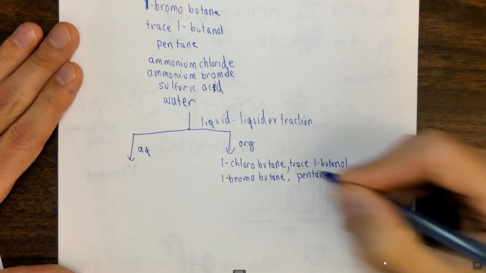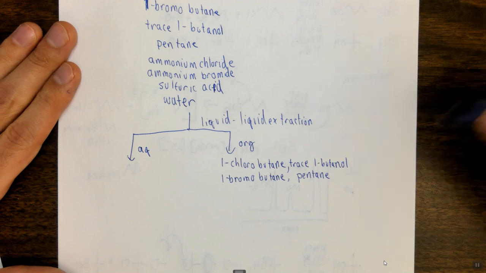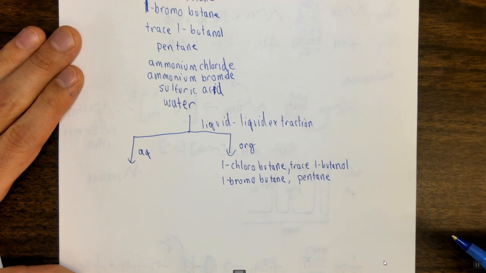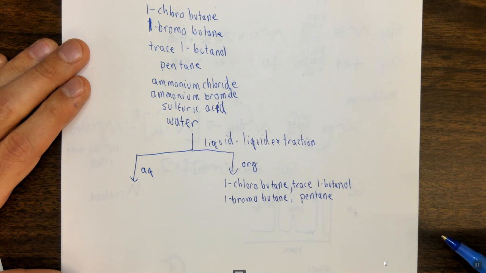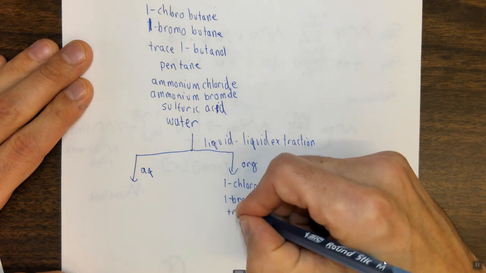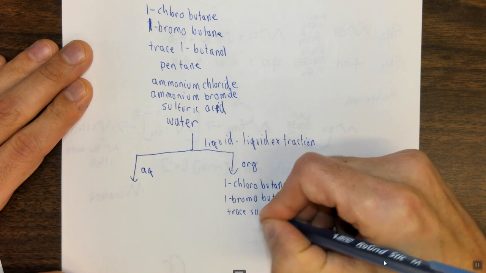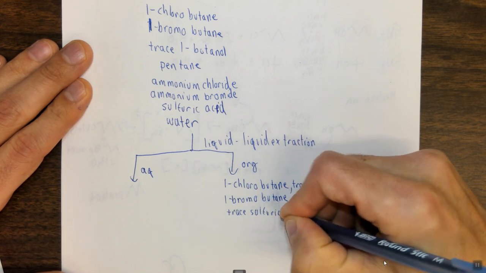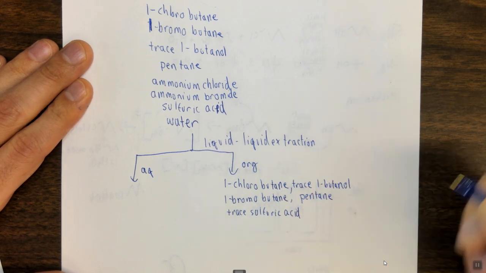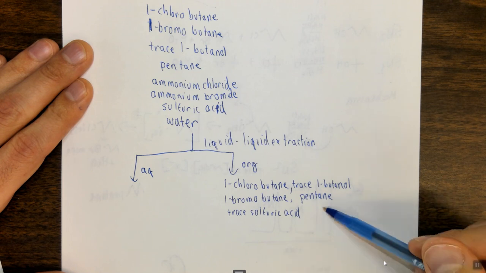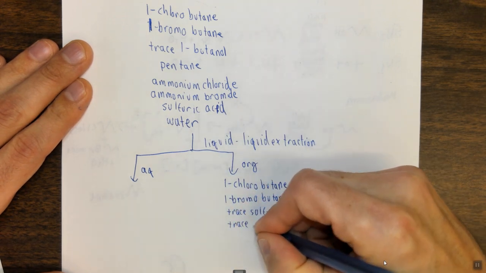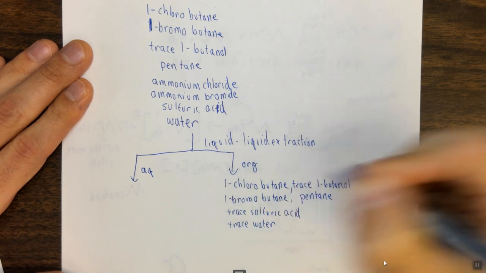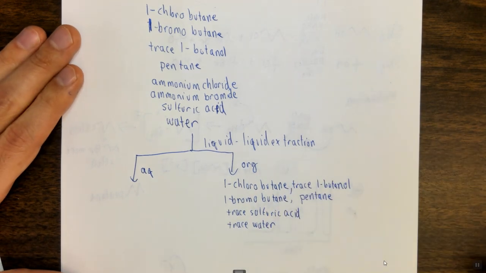So all of our organic stuff, I'm just going to put them like this so I can save space, so I can try to fit this all on the screen, although it looks like I'm going to have to move the camera. The other thing you're going to have is trace sulfuric acid. Sulfuric acid is a covalent compound, so it will somewhat dissolve in pentane. Not a lot, but not zero. And you're also going to have trace water, because anytime you do a liquid-liquid extraction, you get a little bit of water in your organic layer.